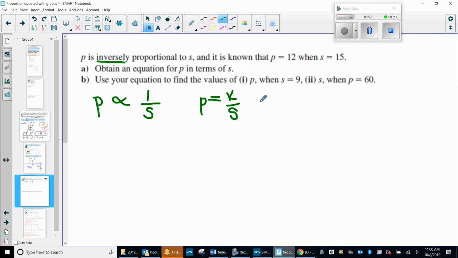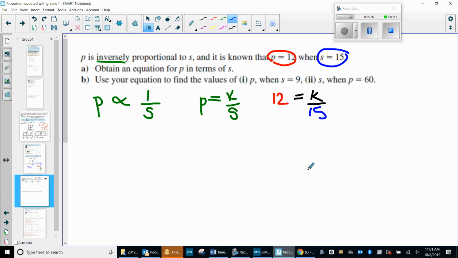And then we look to our question. We need to see if they've given us some information to find K. They told us that P is 12, so I'm going to put 12 in place of the P. And they've told us that S is 15. So 12 equals K, because they don't know that, over 15. Just the same as we did those other questions: look at the information they've given us, substitute those values in.